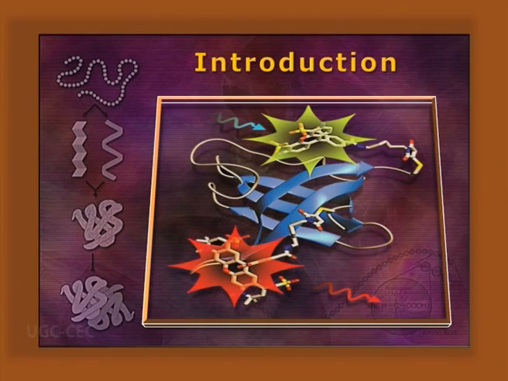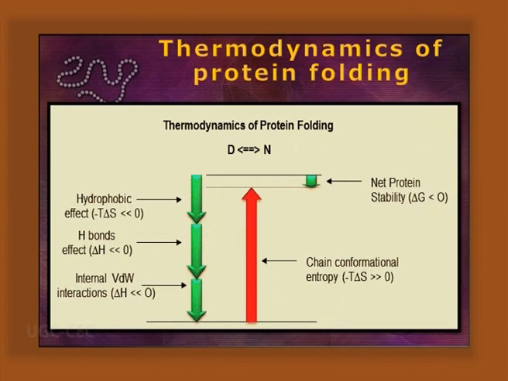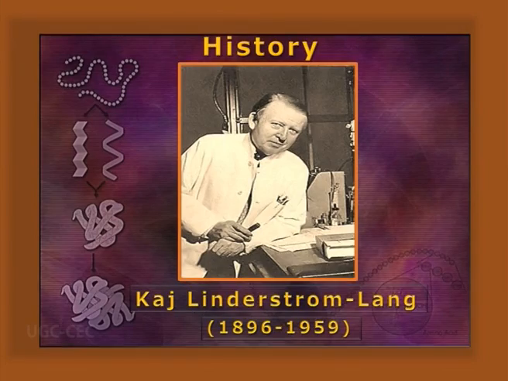So we know that when a globular protein is folded, it obeys a geometric pattern and it is kinetically oriented. And we know that there are proper thermodynamics which predict the protein structure. Now in 1951, Lindström, who coined the term primary structure of the protein, discussed that hydrophobic interaction is important for protein structure.